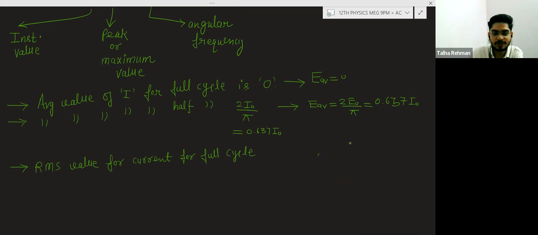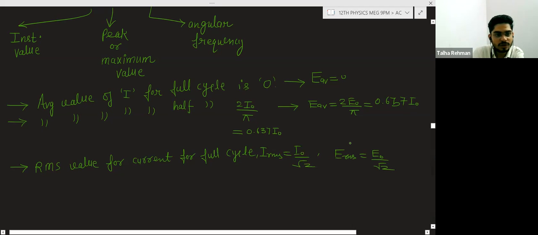What is the value of EMF? E RMS is E naught by root 2. So here you will get I RMS is equal to I naught by root 2. I naught is the maximum current. And this is your average value, this is your I average.